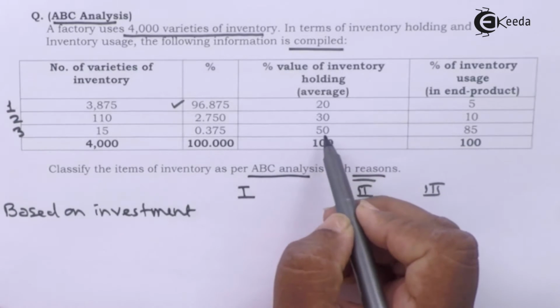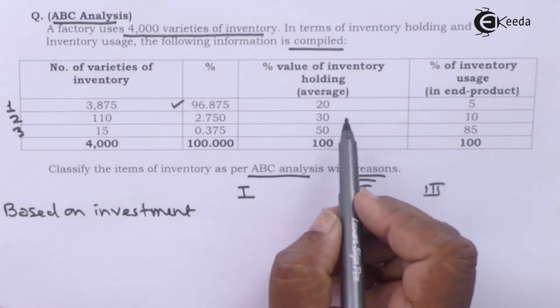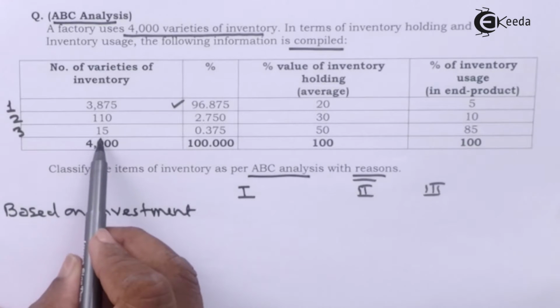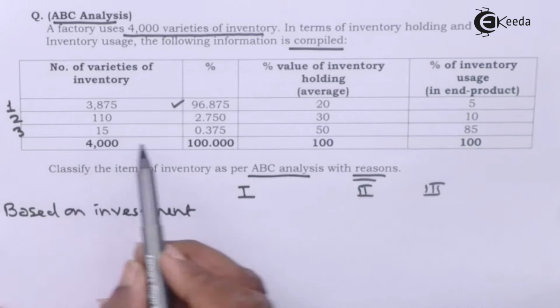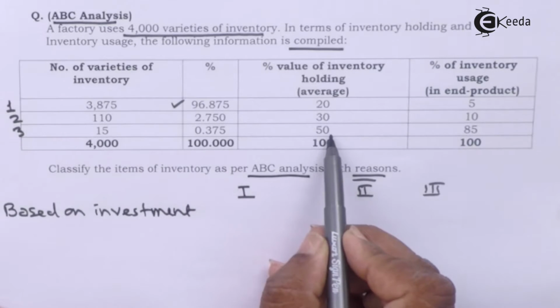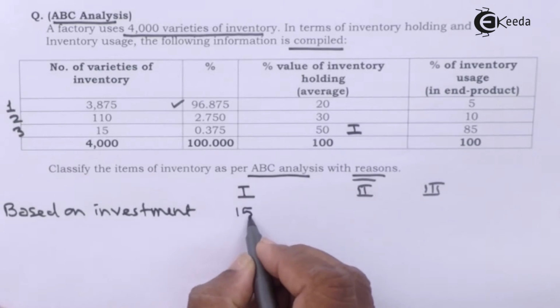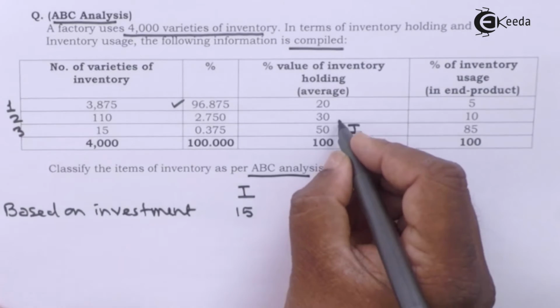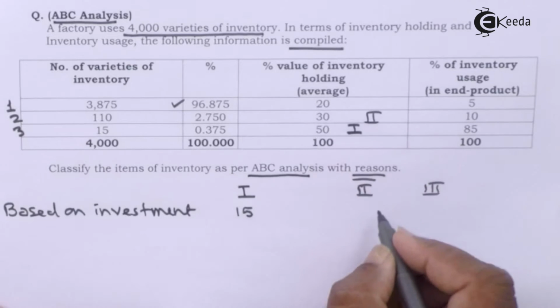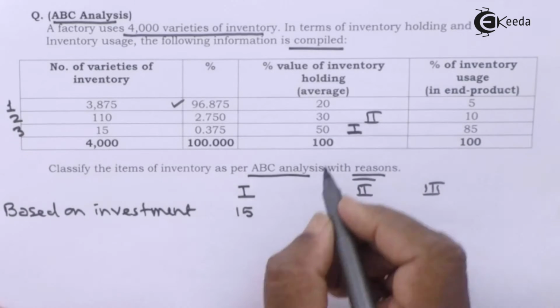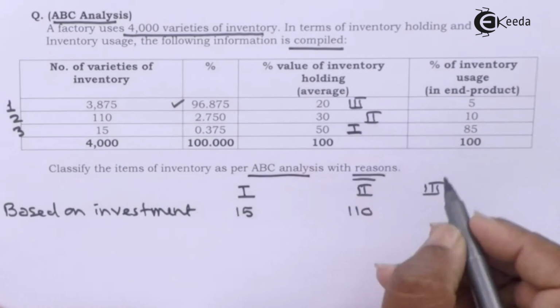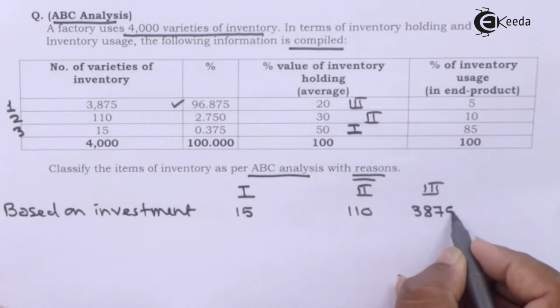You can see that 15 numbers of products have investment of 50%. So as per rank, it will have first rank. Then we have 30, it will have second rank. And then this will have 20, that is third rank.